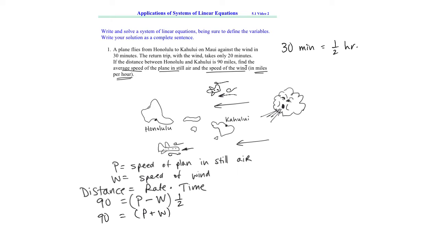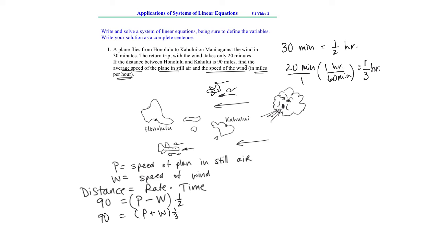And it's taking just 20 minutes. If I'm trying to convert that to hours, 1 hour is the same as 60 minutes. So we would have 20 over 60, which simplifies to 1/3, and that would be in hours. So I'm going to write my time in hours.